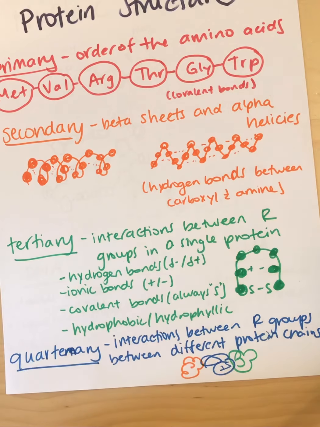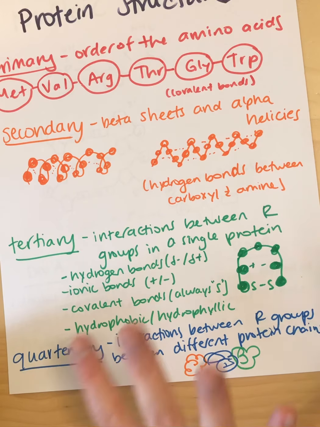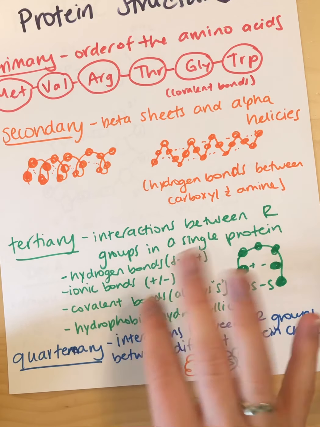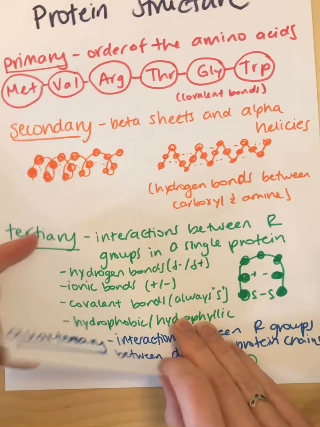So there's still hydrogen bonds, ionic bonds, covalent bonds that are holding those in place, but it's between different proteins. And often a functional enzyme or a functional protein will have multiple individual primary chains in it. So for example, hemoglobin has 4 protein strands that interact with each other to be its functional hemoglobin.